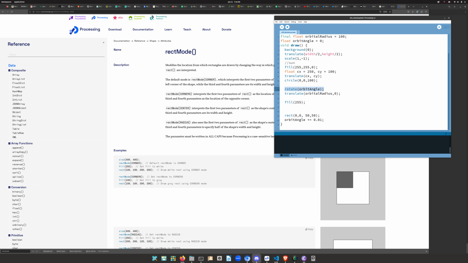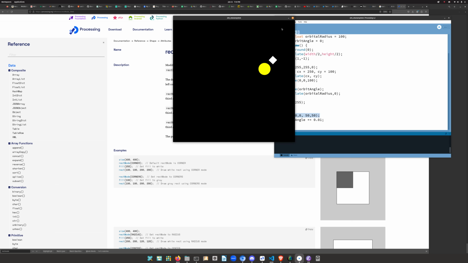So now this is X, and later on then this is X, then this is X. So I'm rotating everything, right? So I'm not only rotating where I'm going to draw it, I'm rotating everything, including what I'm drawing. And I showed you that in my notes. So by rotating the orbit angle and then translating, whatever we draw is in fact rotated. So sure enough, right?